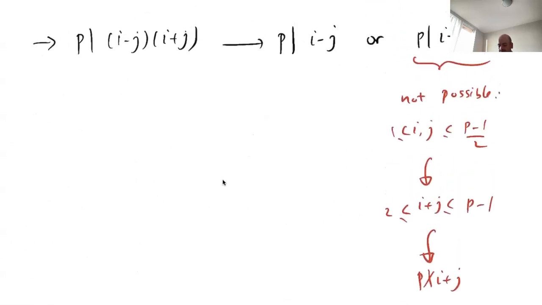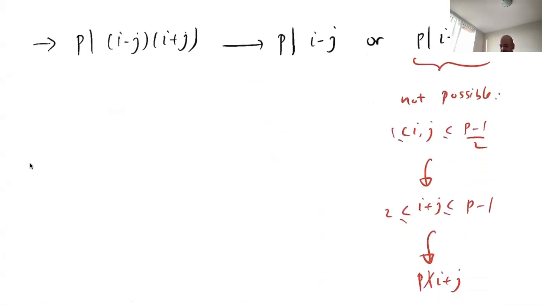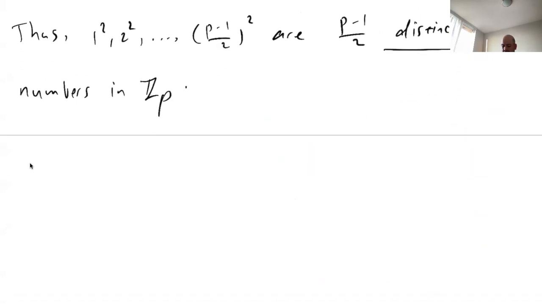Why? Because remember that the next (p-1)/2 numbers in Zp are the same as the list of the first (p-1)/2 quadratic residues. So these are all distinct, and these are all the same as these ones. So in total, I have (p-1)/2 distinct quadratic residues in Zp.